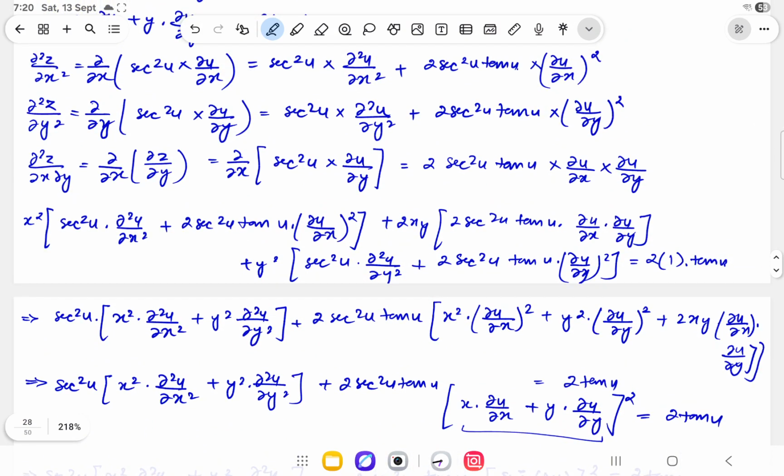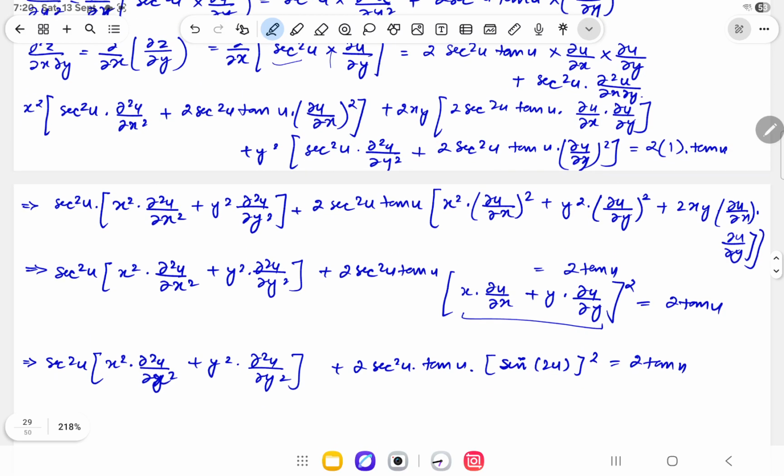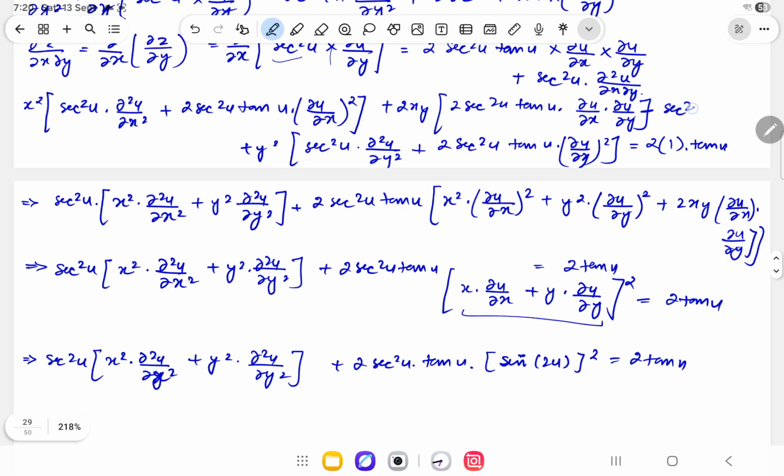Yeah, so when we take the derivative of it with respect to x, we have taken the derivative of this, but we have missed the derivative of this, so we'll be getting sec square u into del square u by del x del y.